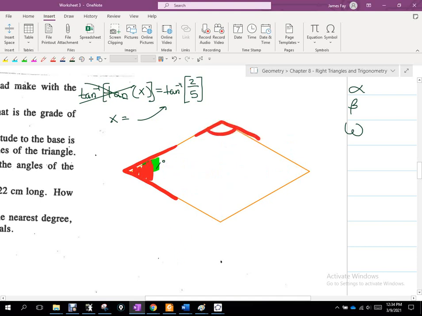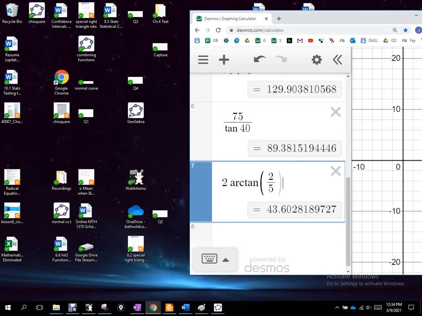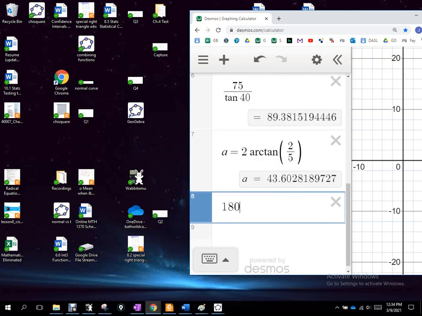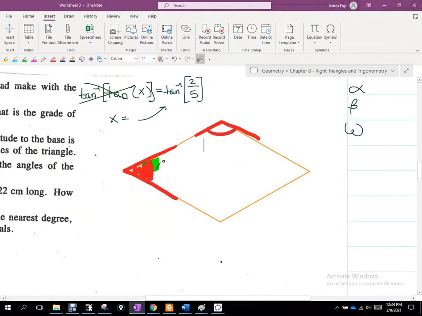They're supplementary. So if I know the one angle is 43.6, I'll just call that A. If I take 180 minus that, is that giving me my other angle? Does it kind of make sense to everybody? So then this angle here, which is the 43 angle, is going to be the same as this one here, right?